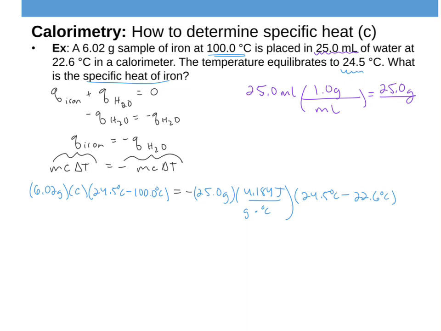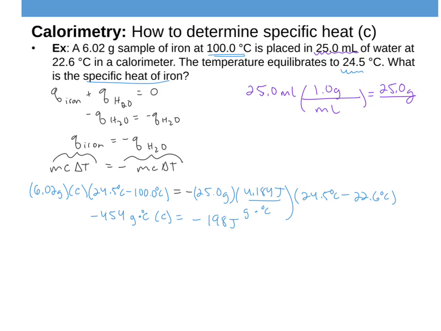And so I'm going to solve all of that so that I get negative 454 gram degrees Celsius times C equals negative 198 joules.